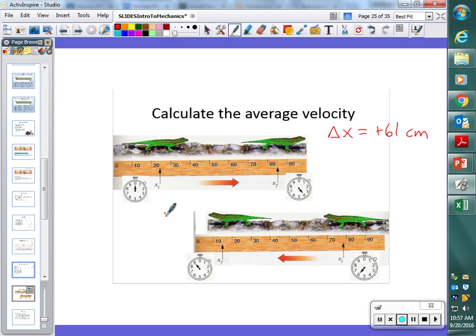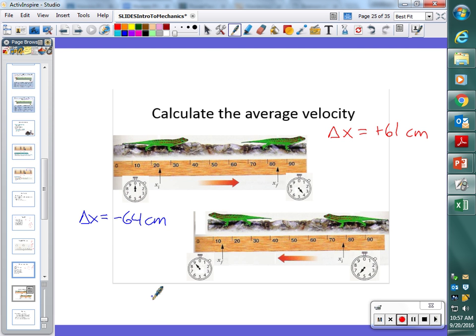Does that sound familiar? Flip it to the first page of your outline and check it out. Is that positive 61 centimeters? And his second trip, we figured out that his displacement was negative 64 centimeters. Was that right? All right. Good with those two?